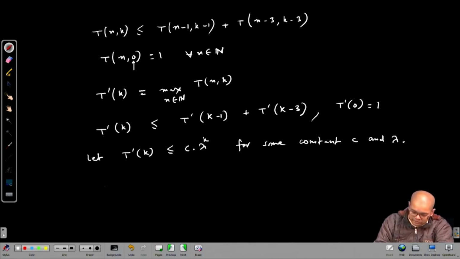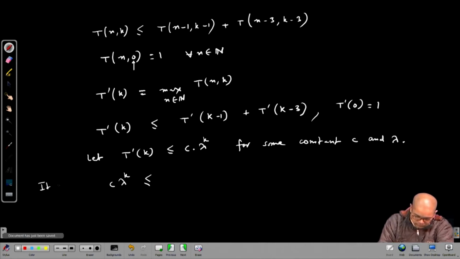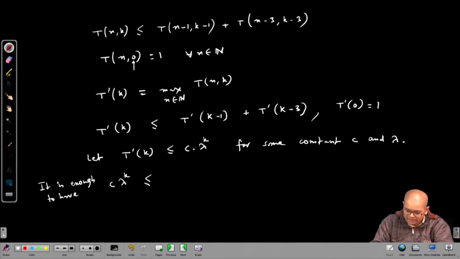Now let us put it in. For this to hold, it is enough to have c times lambda to the power k less than or equal to c times lambda to the power k minus 1 plus c times lambda to the power k minus 3.